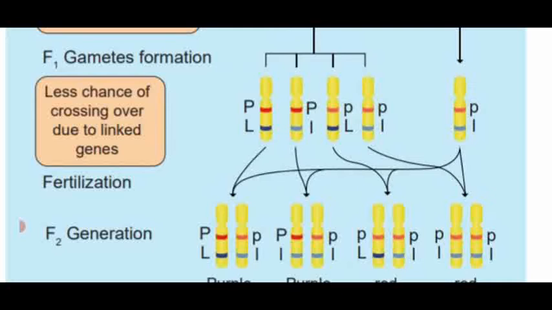See, the crossing over is very low because the linked genes are separated far apart. The first chromosome has only the dominant alleles. The second chromosome has dominant with recessive. The remaining two have recessive with dominant, and the last one is fully recessive.